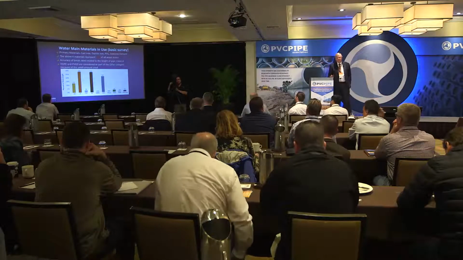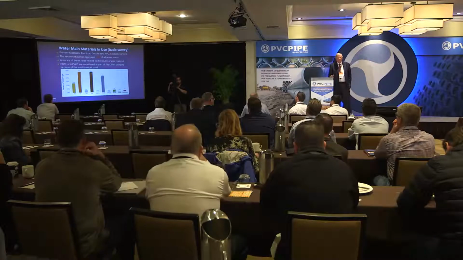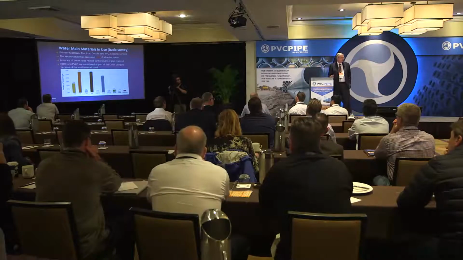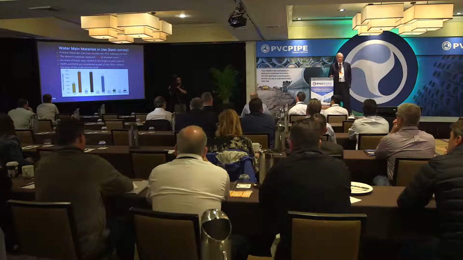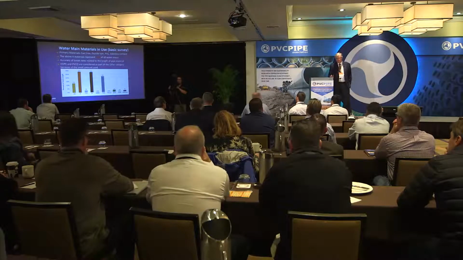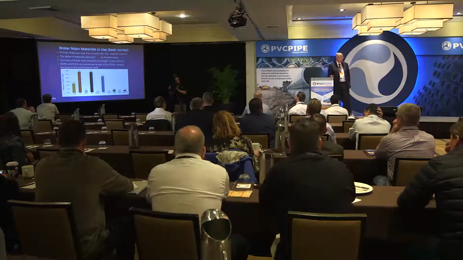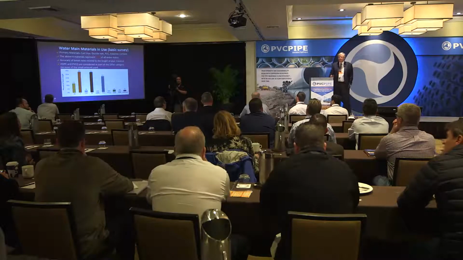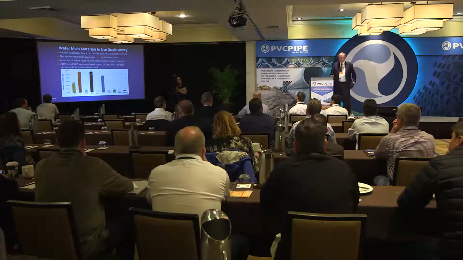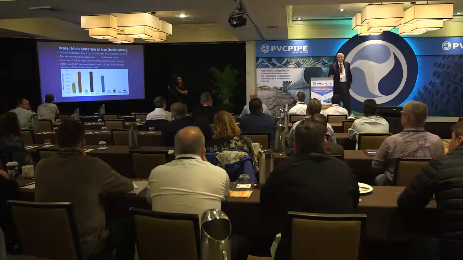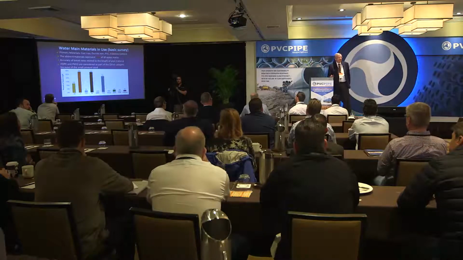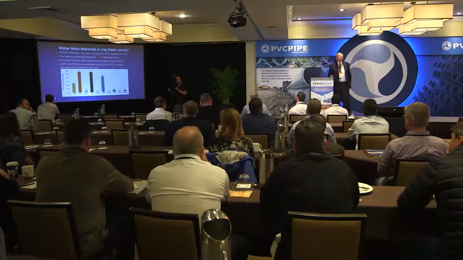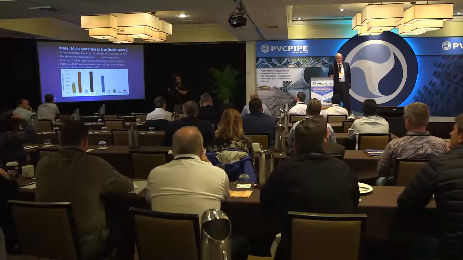Right now, at this point we did not continue to track HDPE and PVCO separately, because if you don't have a large database or a large number of miles of pipe material to do failure data on, your results are extremely inaccurate.